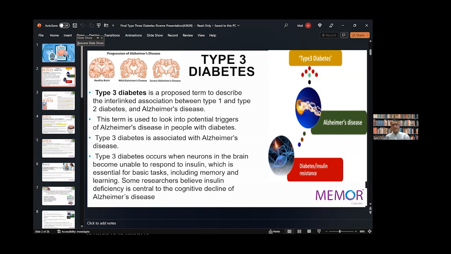And this forgetfulness slowly progresses, and it can lead to behavioral changes. Like if somebody is losing his frontal lobe, they can have difficulty in inhibiting the things which are very important for the patient to inhibit, the unnecessary commands from the brain.